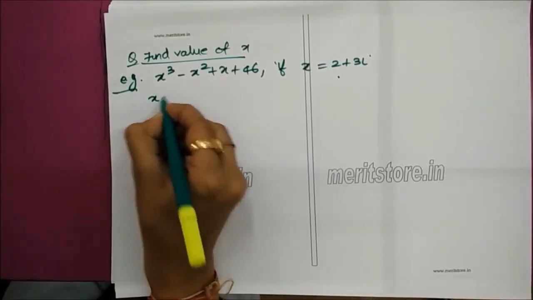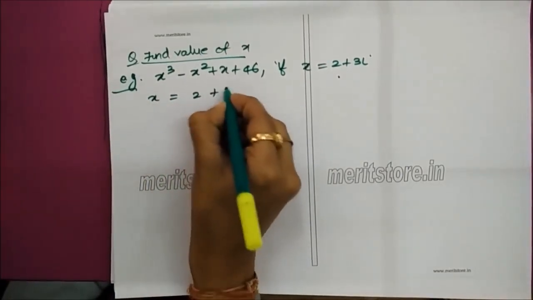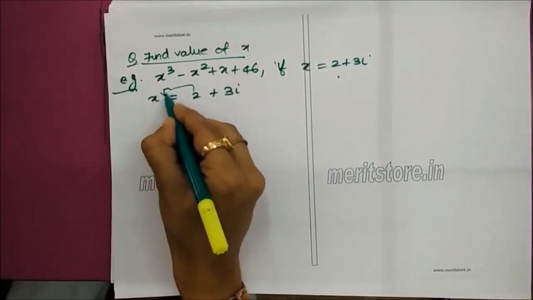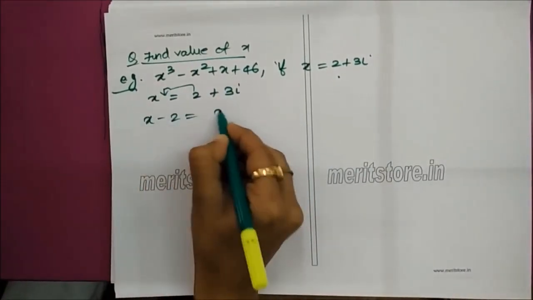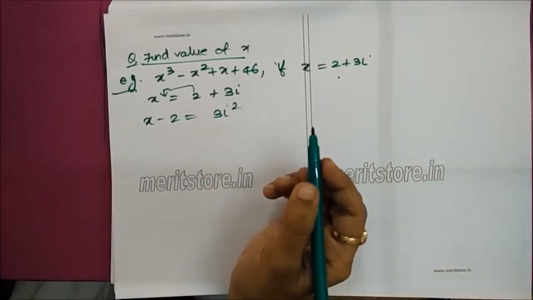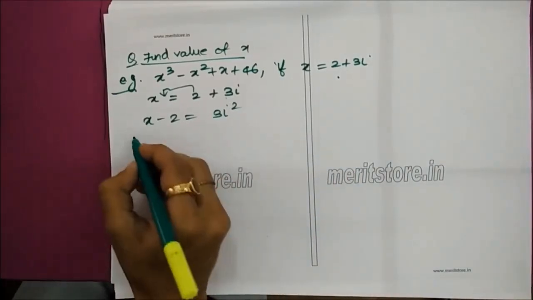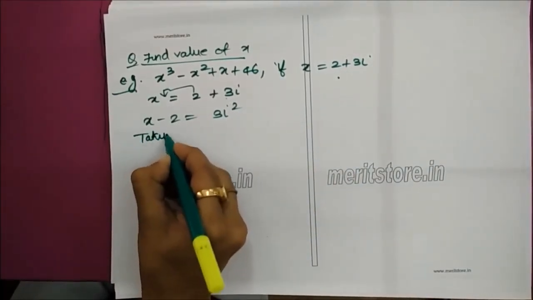First step would be starting with x. Here you need to take this 2 here. So x − 2 is equal to 3i. So basically I am taking the real terms together and imaginary part at the other side. Taking squares on both the sides.